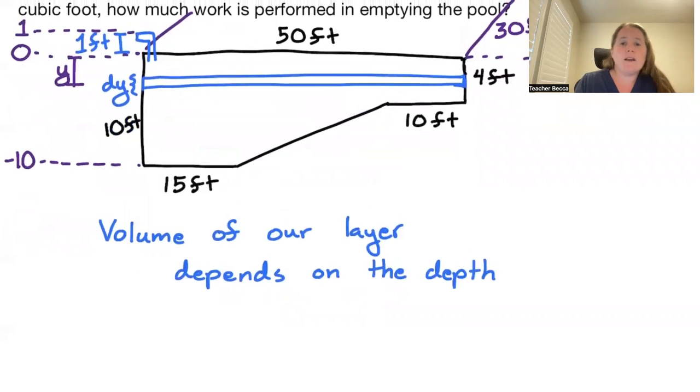So for Y between -4 and 0, we have the entire width and length of the pool.